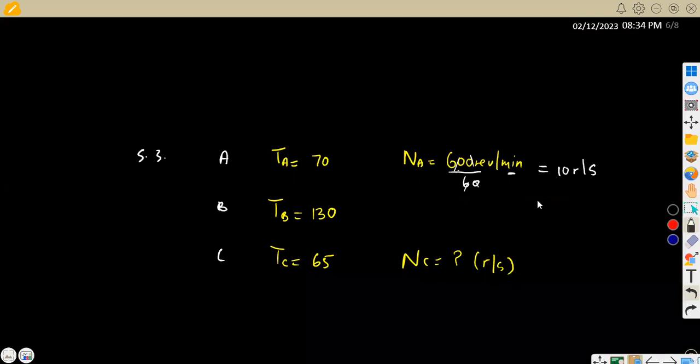We know that we can link up the formula for the number of teeth versus the rotational frequency, which is the speed.